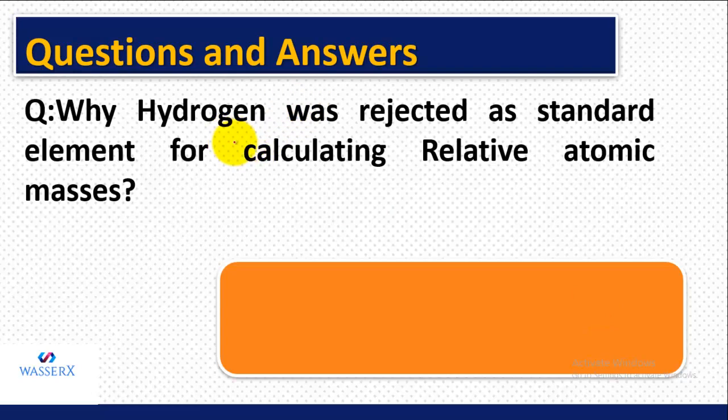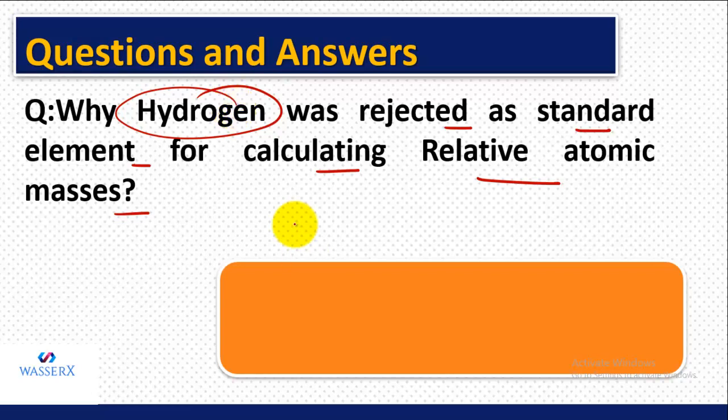Another question is, why was hydrogen rejected as the standard element for calculating the relative atomic masses? Initially the standard element which was selected was hydrogen, but later, in a short span, it was rejected. The reason being that hydrogen exists in different forms with different masses. Hydrogen exists in a form where it possesses one atomic mass, a form where it possesses two atomic mass, and also a form which possesses three atomic mass.